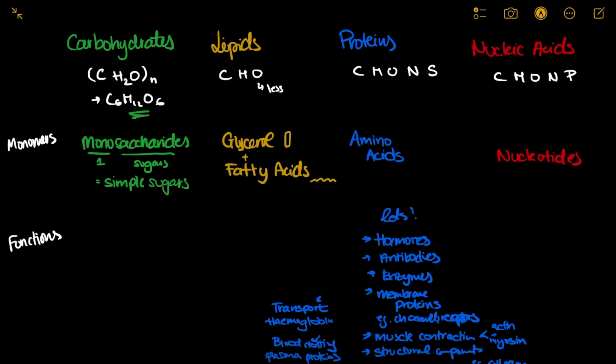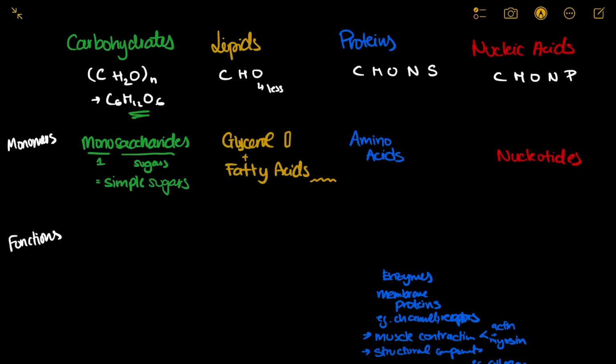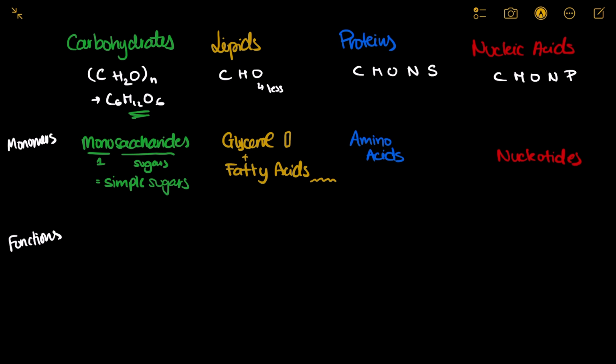And now lastly, back to the nucleotides. As we've already mentioned, the nucleic acids are mainly DNA and RNA. The function of these two is that they contain genetic information.